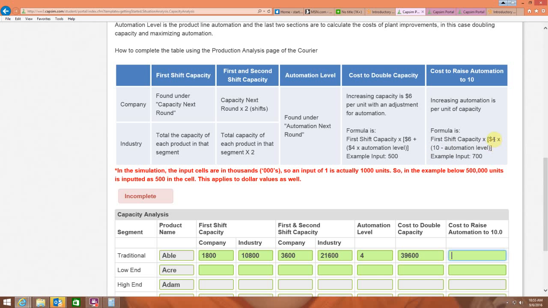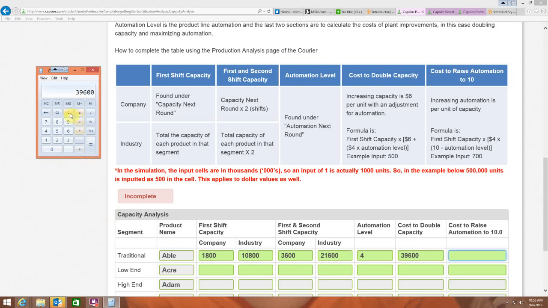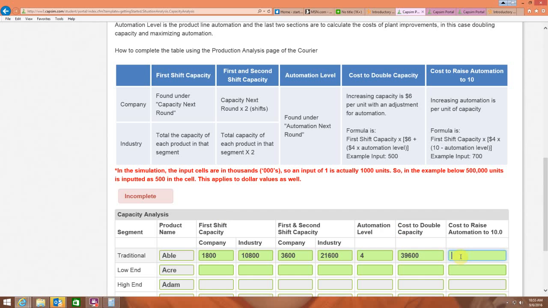So I've got 4 times 6 is 24, times my first shift capacity, 1,800. So 24 times 1,800 is equal to 43,200.